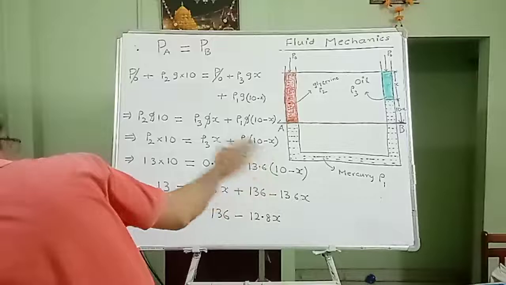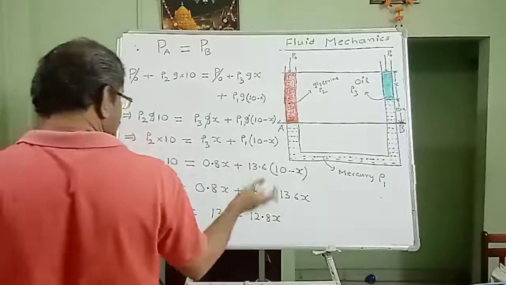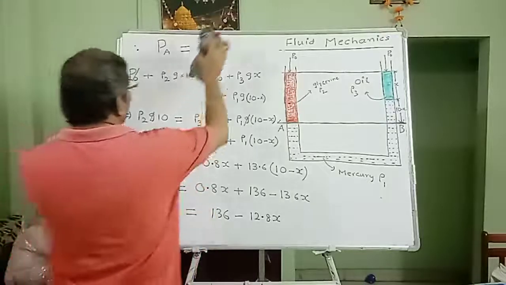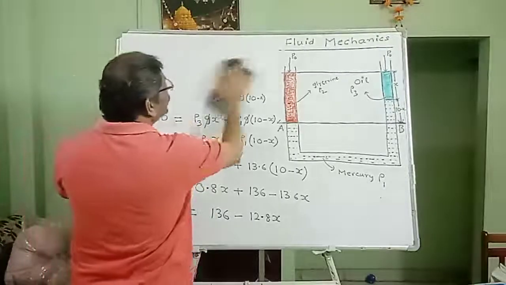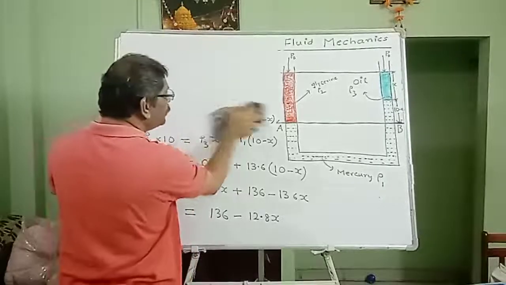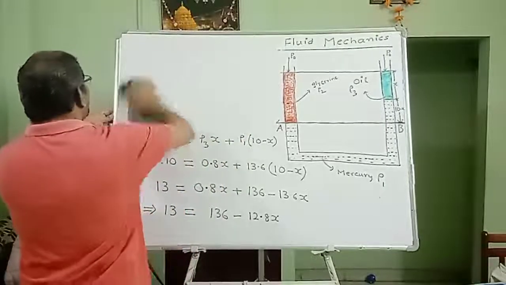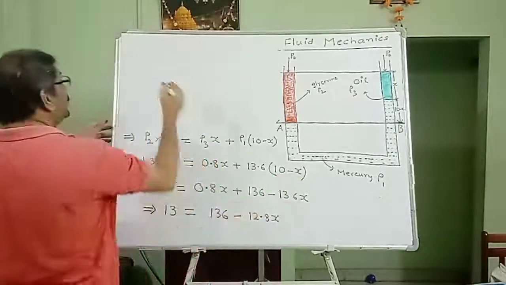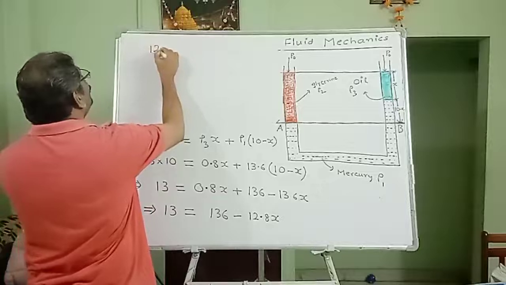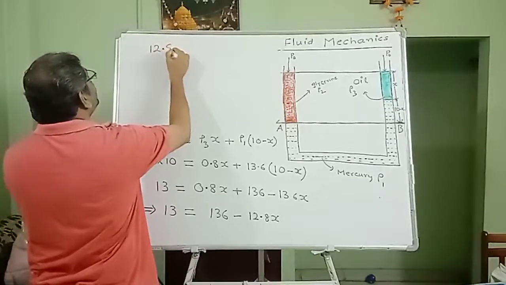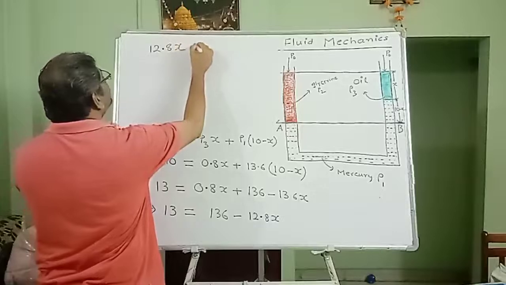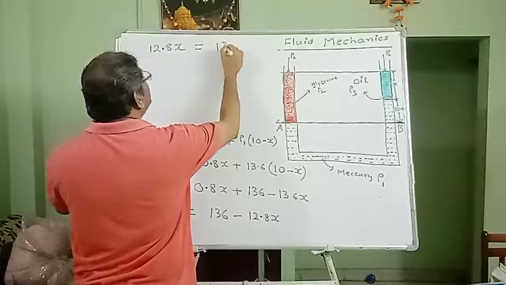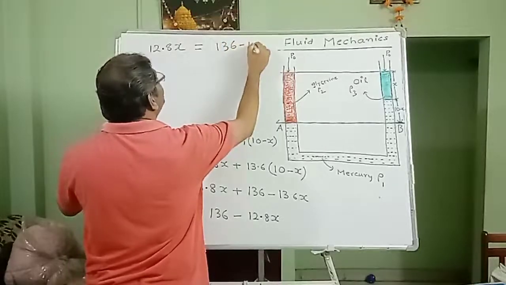So now taking x on one side, let us see what we are going to get. Therefore, what I can write is 12.8x will be numerically equal to 136 minus 13.